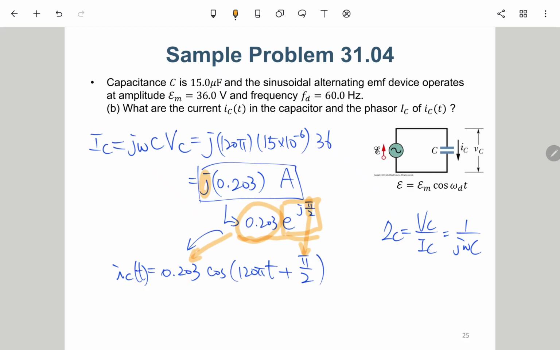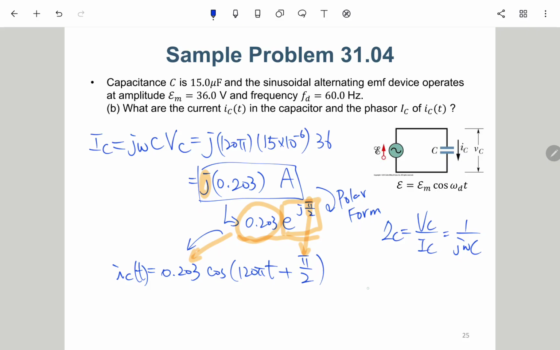So for the phasor of a voltage or current, it will be a complex number. So we need to convert this complex number from the Cartesian coordinate, a plus jb, into the polar form.